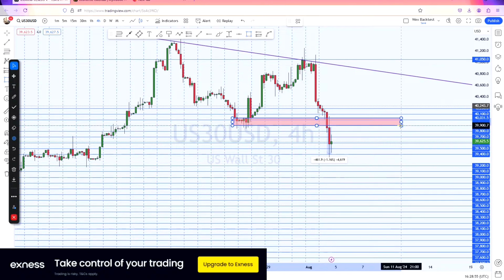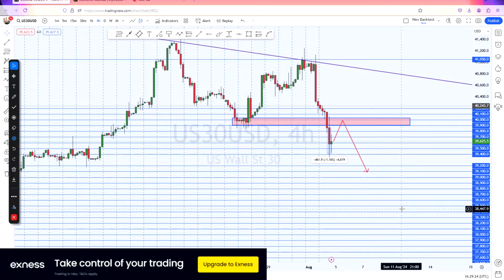Sorry, on US30 rather. So I'm expecting price to correct, retest this broken structure, then head back in the downward direction. So a retest of the broken structure, then a continuation in the downward direction.